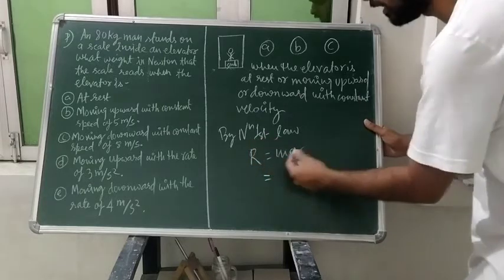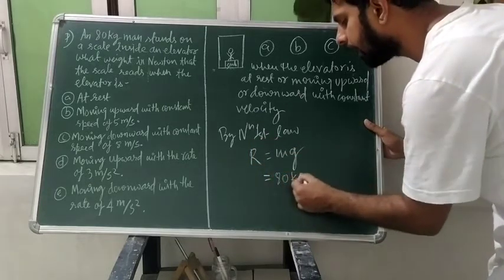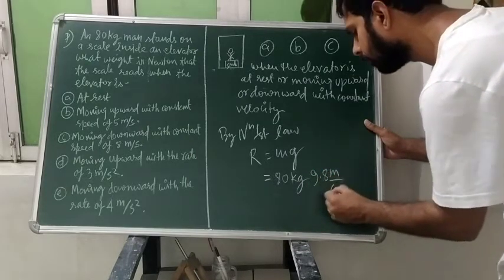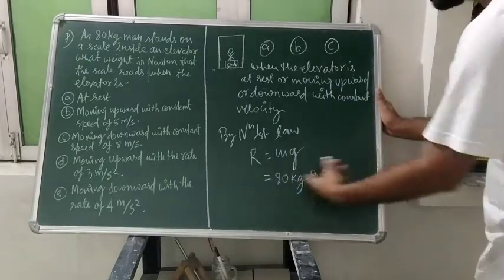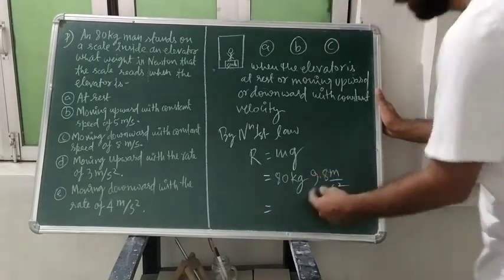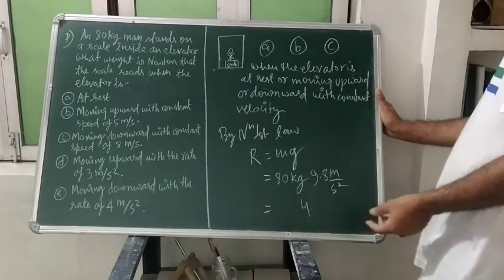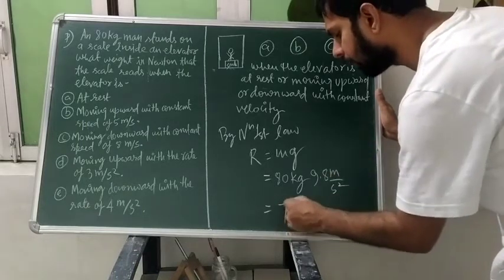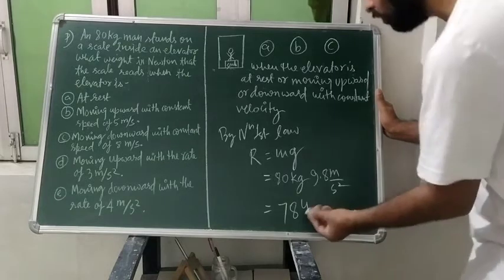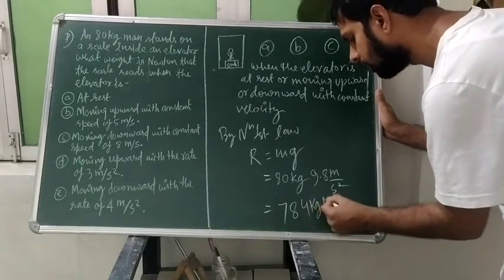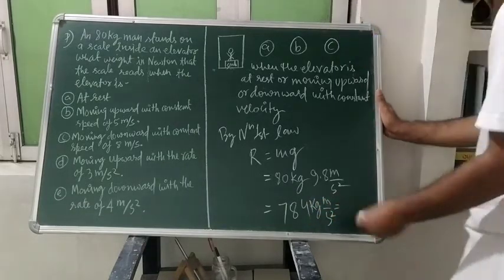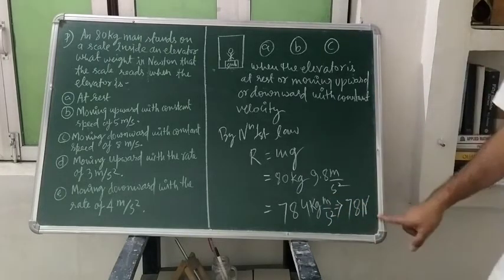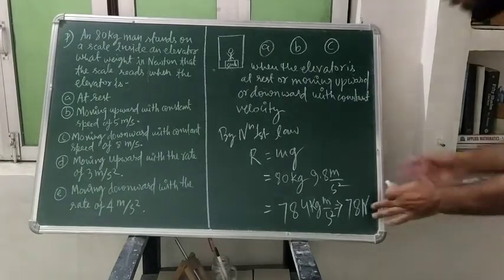And the weight of the person: mass is 80 kg, and g will be what, students? 9.8 meter per second square. When you multiply 80 by 9.8, 8 times 8 is 64, 4 here, 6 carried, and 7 8, so 784 kg meter per second square, which you will say is 784 Newton. Don't forget to write the units.